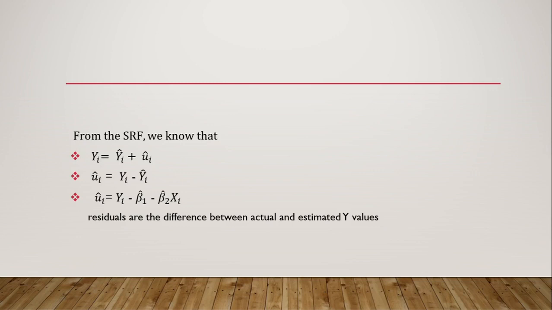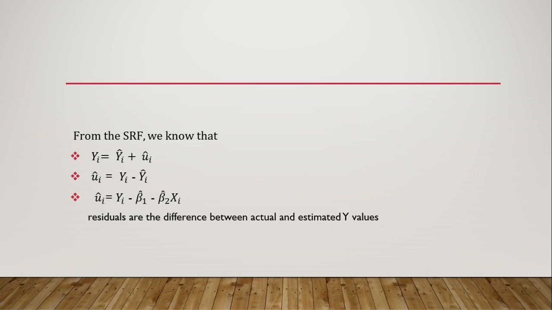So from the first equation, we can write ui hat is equal to Yi minus Yi hat. We are simply rearranging the equation. Substituting the value of Yi hat, which is beta 1 hat plus beta 2 hat Xi, ui hat is equal to Yi minus beta 1 hat minus beta 2 hat Xi.